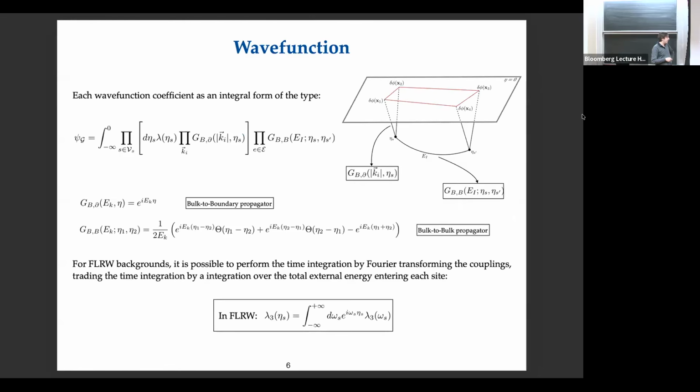And these diagrams also have an integral representation where we'll have a bulk-to-bulk propagator, which is this guy, and we'll have bulk-to-boundary propagators, which are of this form. So these would be the mode functions for massless fields in flat space, or conformally coupled fields in de Sitter, where then you have these time-dependent couplings.